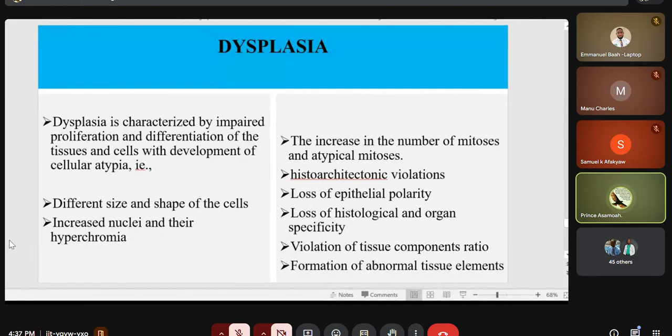I want someone to research this word for me: anisocytosis. And someone should also research this word: poikilocytosis. So let's go.